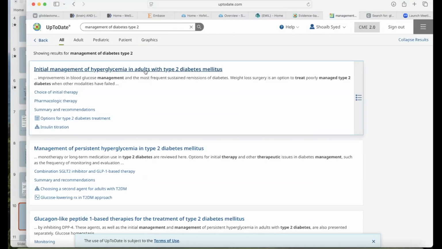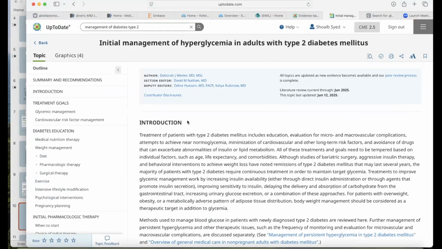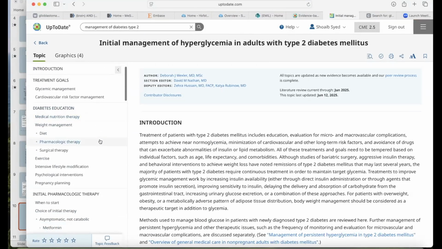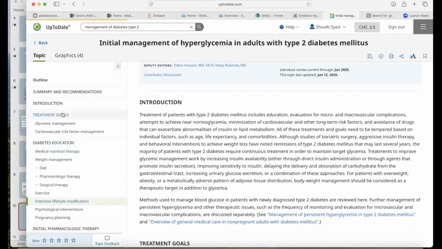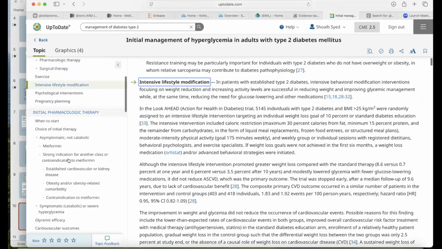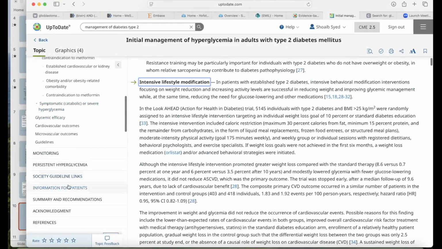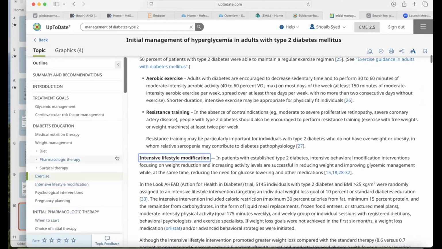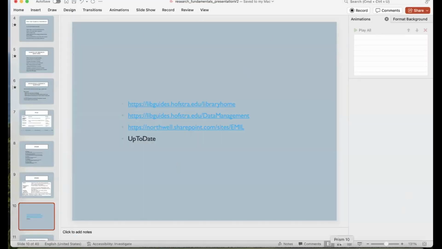If we take a look at the first link, this is going to be an evidence-based, clinical kind of framework on how to approach adults with hyperglycemia who have type 2 diabetes. It's going to bring me through different resources, education, therapies, diagnostics, monitoring. So the bottom line is that this is another resource that can be used to formulate your question, kind of find gaps in literature in order to solidify your research question.